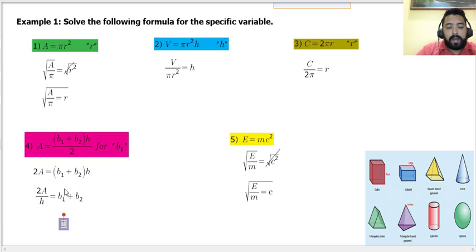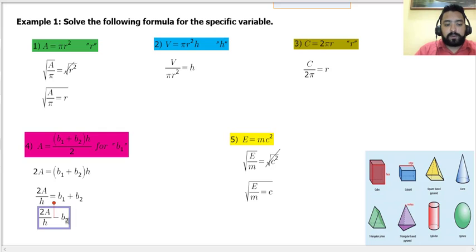So when we have this one, we are going to move the b2 to the other side. If this is adding, we are going to move it to subtracting. So it's going to be the area over the height, and remember this is twice the area over the height, and we have positive b2, so we are going to move it to negative b2, or say the base 2.